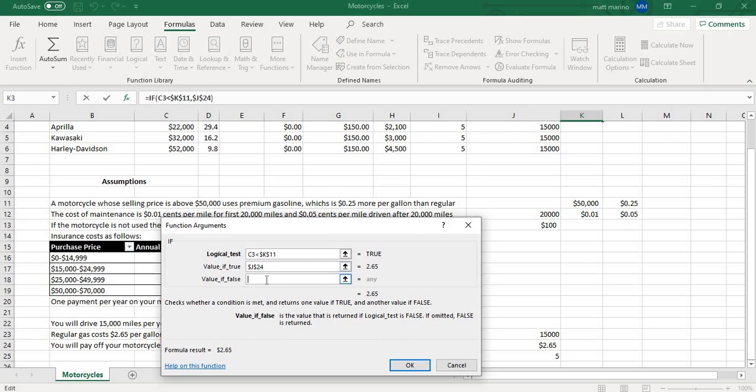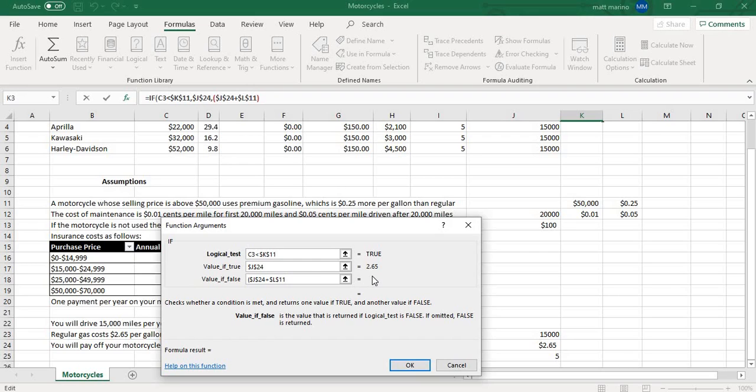What do we want to post if the value is false? We want to again reference J24 as an absolute, but we need to add something to it. And that is our 25 cents, because the premium gasoline costs 25 cents extra.